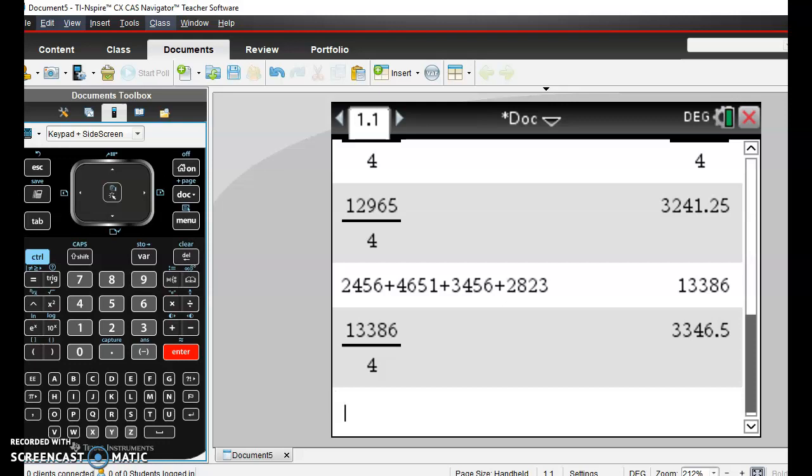Okay, and now I need to find the mean of those two values.